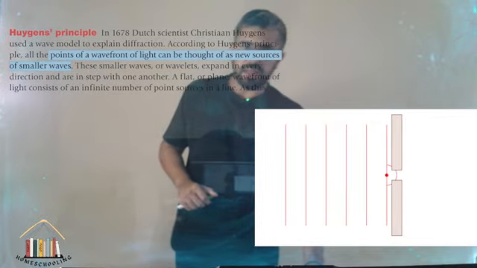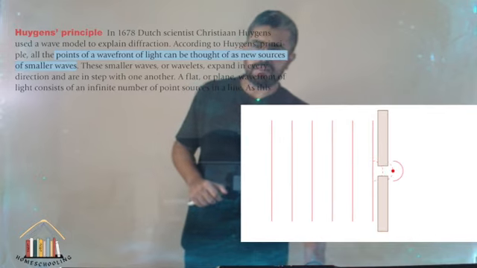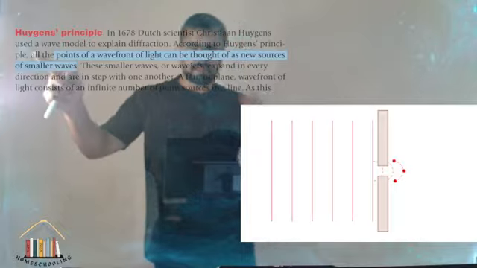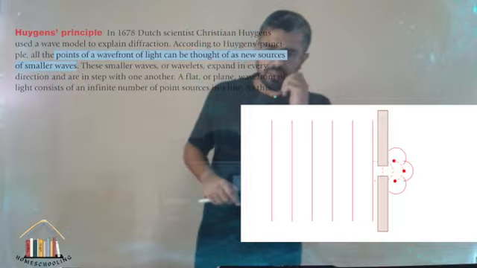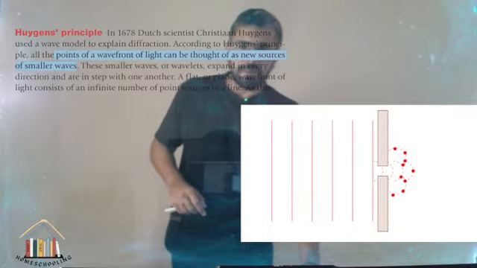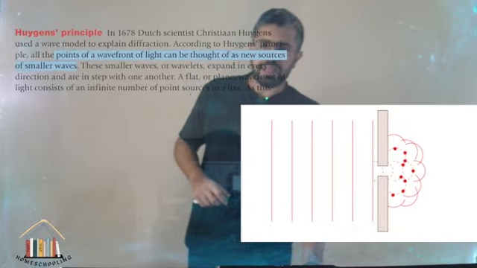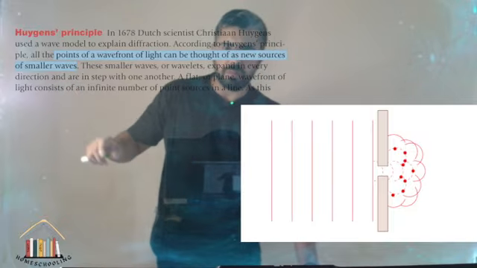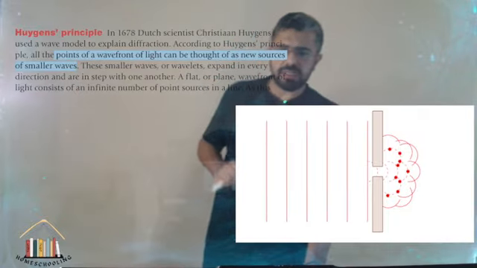Next, the first person who tried to describe that was Huygens, a German scientist. He developed what we now call the Huygens model. What he's trying to explain is this.